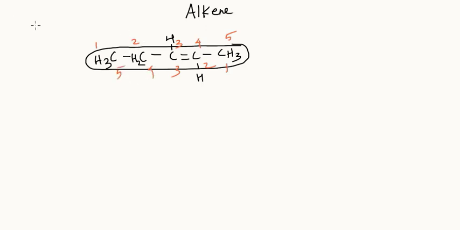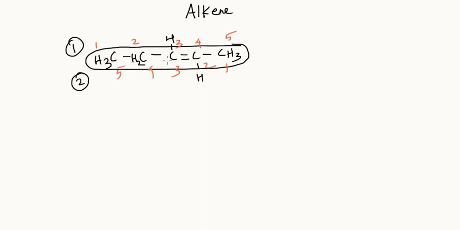Now you have to see where the double bond lies, and the double bond should also get the least possible number. If we select the first numbering system, the double bond is coming between 3 and 4, and if we select the second numbering system, the double bond is coming between 2 and 3. So we have to select the one which is getting the least possible number.